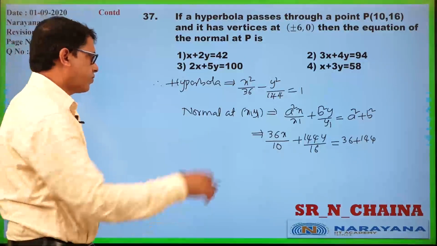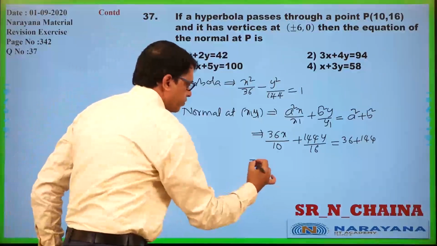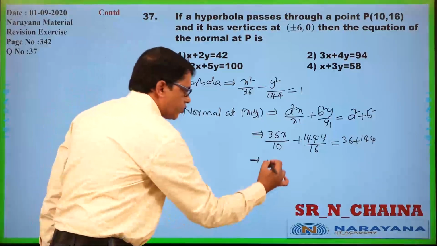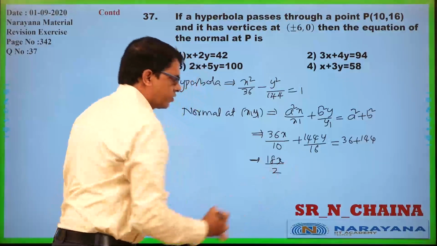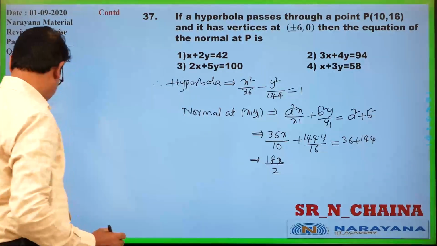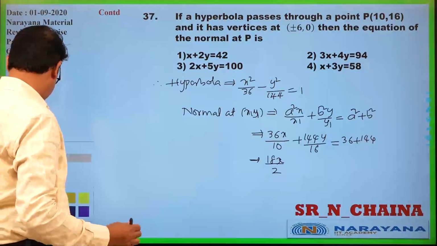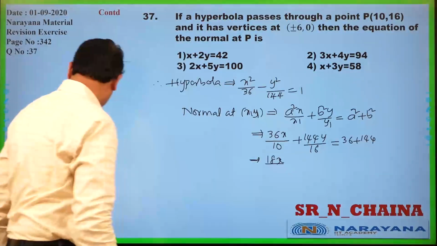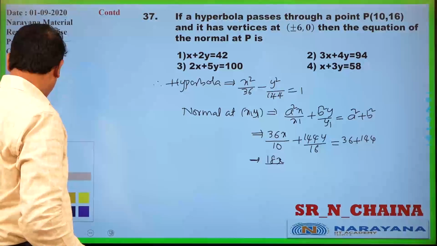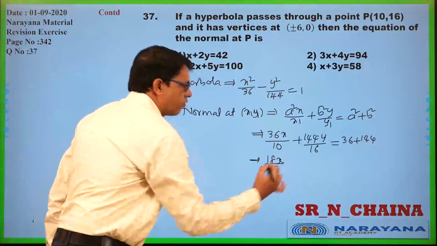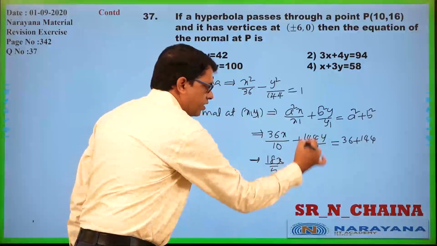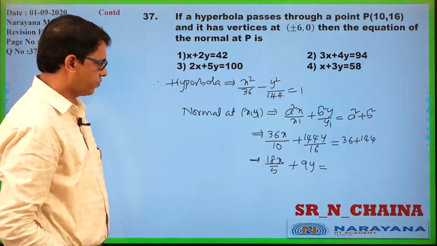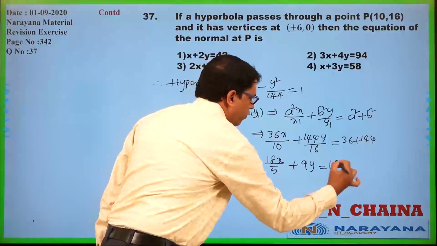Now simplify this one. 18x by 2, cancel out with 2, gives 5, then plus 16 nines are 144 ... equal to 180.